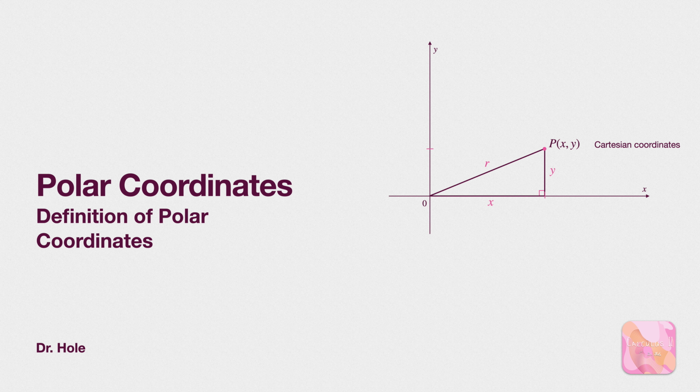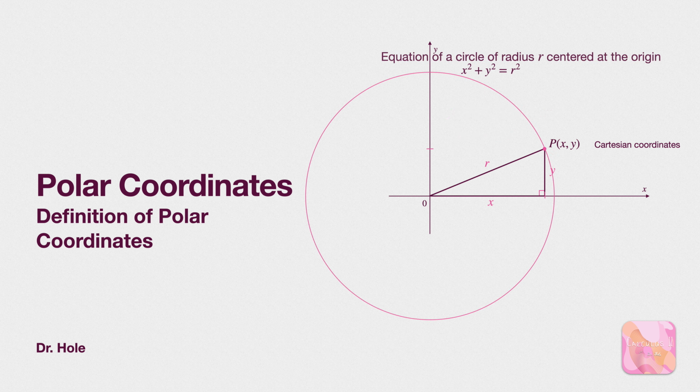But that's the hypotenuse of a right triangle, and for a right triangle, we have the Pythagorean theorem. You want to be very comfortable with the notion that this equation, x squared plus y squared equals r squared, determines all points P that lie on a circle of radius r centered at the origin.